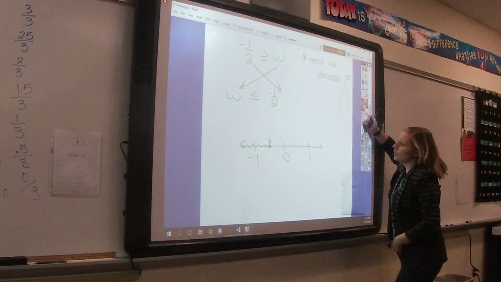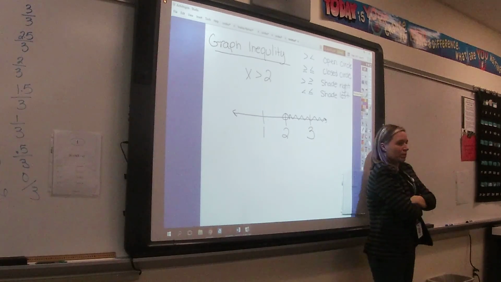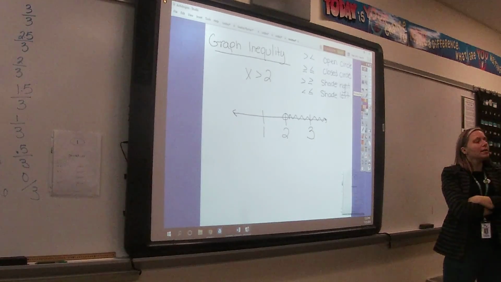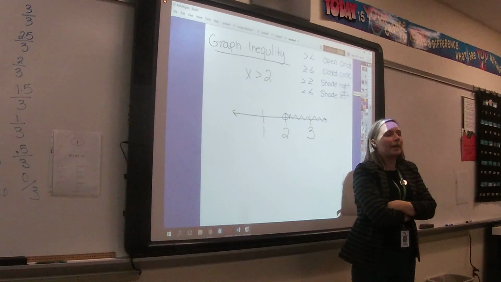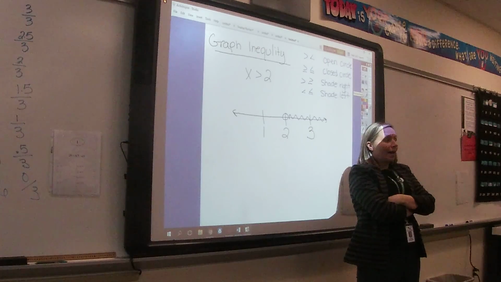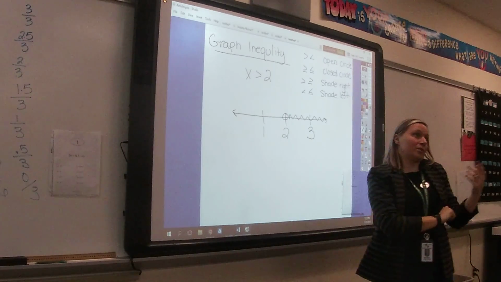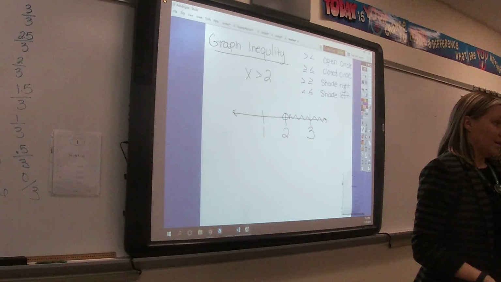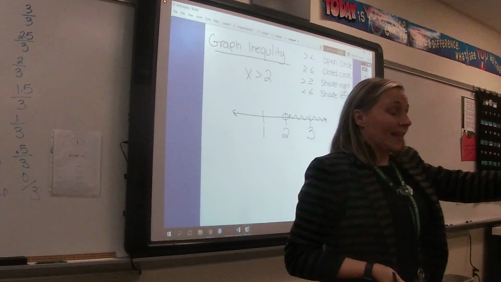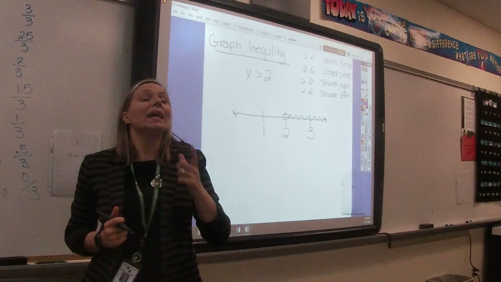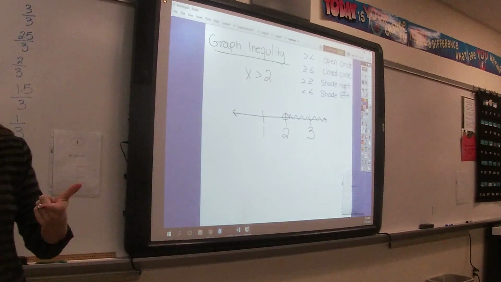Okay, so here, why am I using an open circle? What is the first number that is larger than 2? 2.5. 2.0000001. 2.000000001. How long could Mitch and I play that game? Forever. Okay, so we can't write down the first number that's larger than 2.